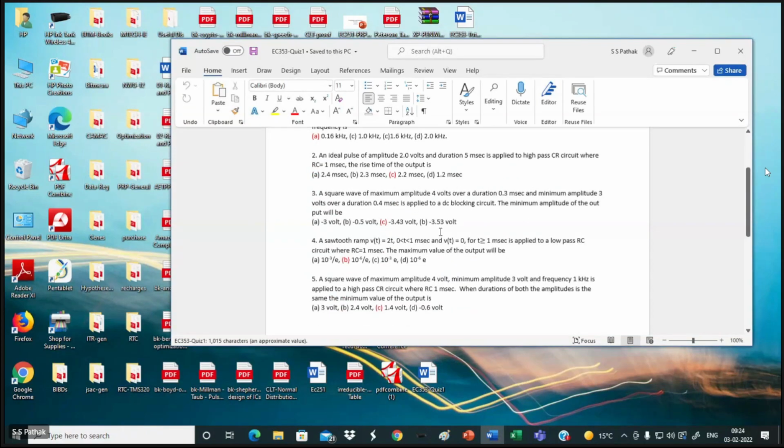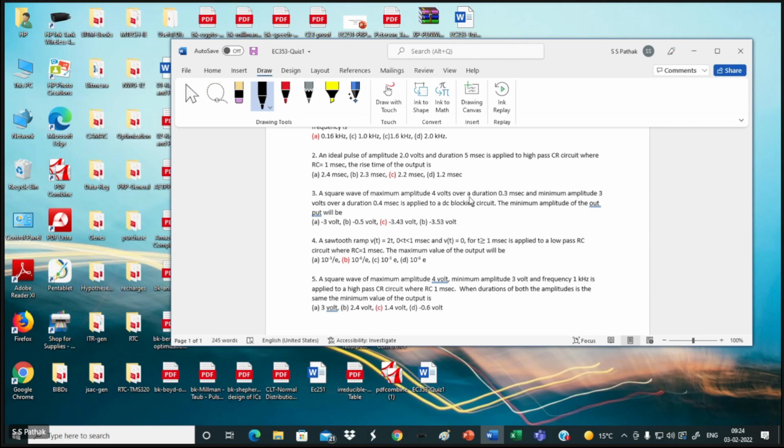Question number 3. A square wave has a maximum amplitude of 4 volts over a duration of 0.3 millisecond, and a minimum amplitude of 3 volts over 0.4 millisecond. So 3 to 4 volt is there. My 0 is somewhere here.